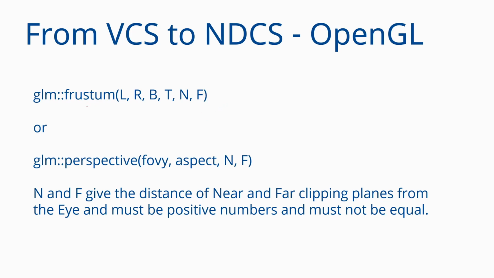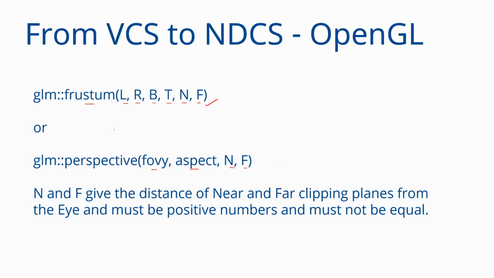So you can either call glm::frustum with L, R, B, T, N, F, or you can call glm::perspective, right? glm::perspective takes as input the field of view in the Y direction, the aspect, that is the width to height ratio, and N and F.